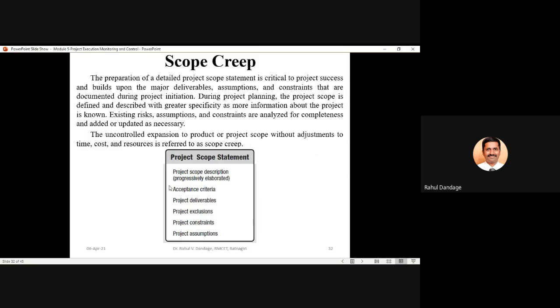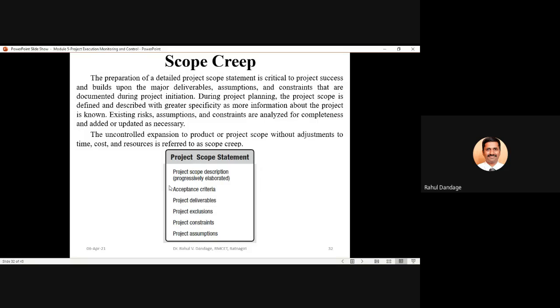Another part is related to scope creep. When we talk about scope creep, you decide a certain scope when you start the project, and as the project starts progressing, the scope may get deviated, the scope may get diluted, which is nothing but the scope creep process.